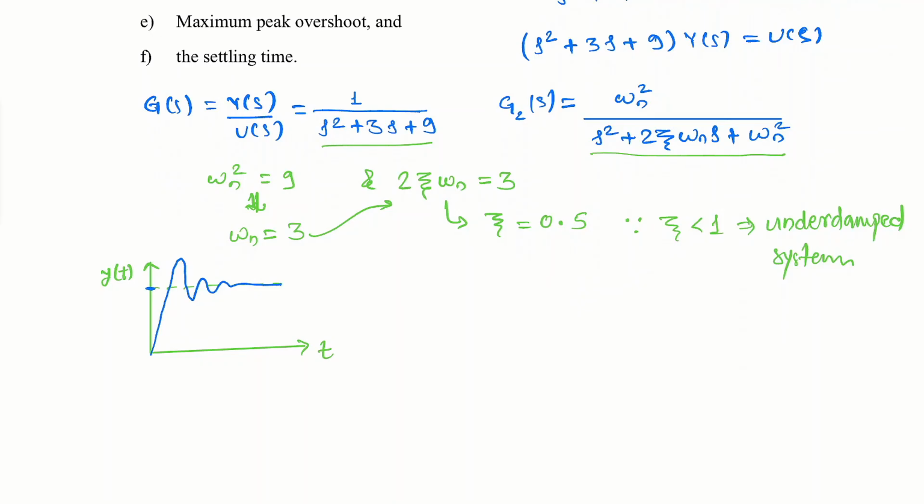On the contrary, when zeta is greater than 1, it is an overdamped system. So an overdamped system would behave something like this.